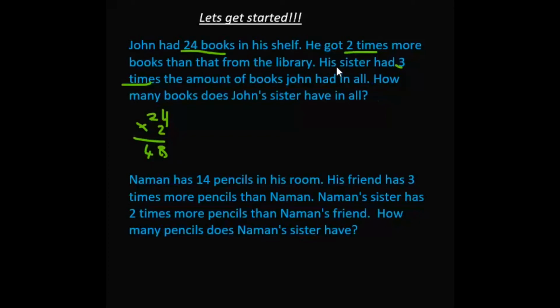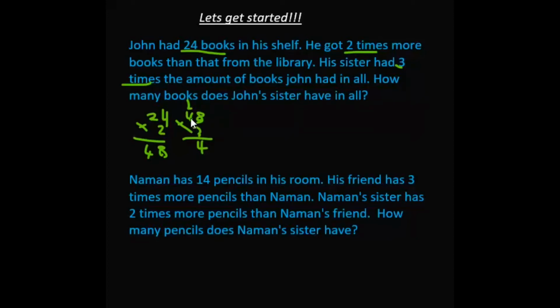It says his sister has 3 times the amount of books John had in all. So now we have to do 48, which is the amount of books John has, times 3. 8 times 3 equals 8, 16, 24. And then 3 times, oh wait, we have to do our number over here, the 4.